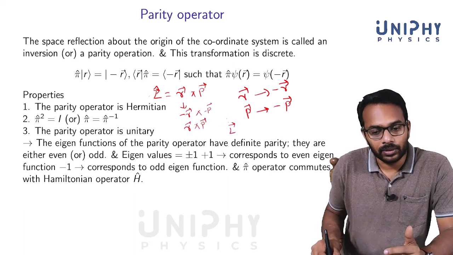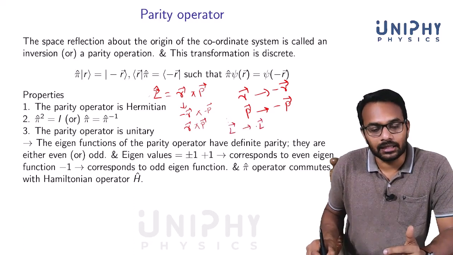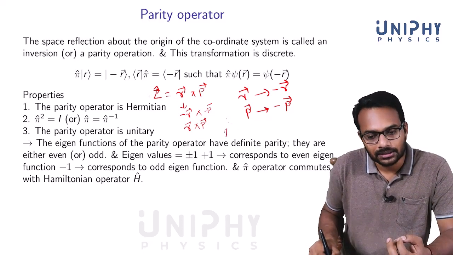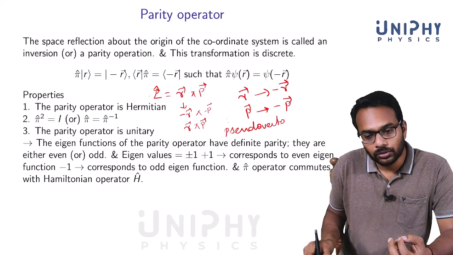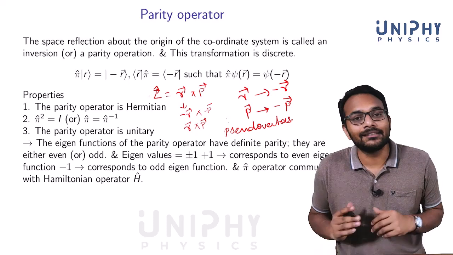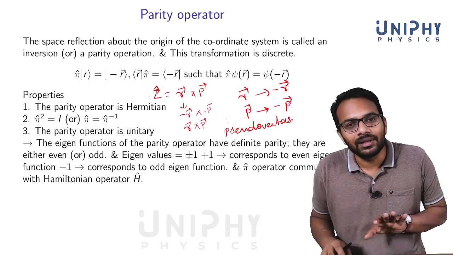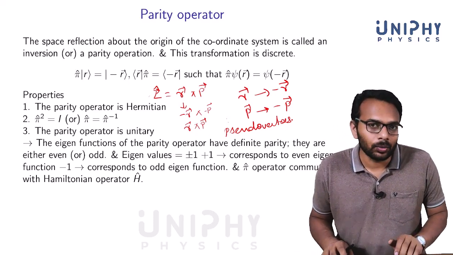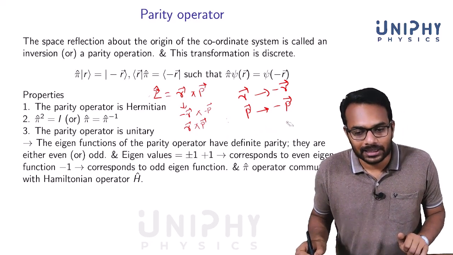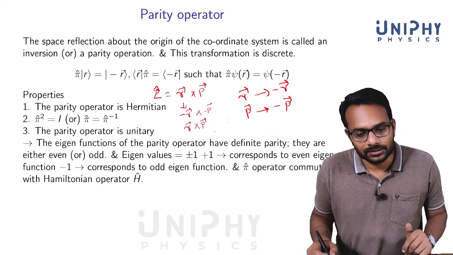So L goes to L itself, not to minus L. Such vectors are actually called pseudo vectors. You might remember this. Even though we call them vectors, they are actually pseudo vectors. They don't behave entirely like vectors. They have a small problem there, and for that reason they are called pseudo vectors.